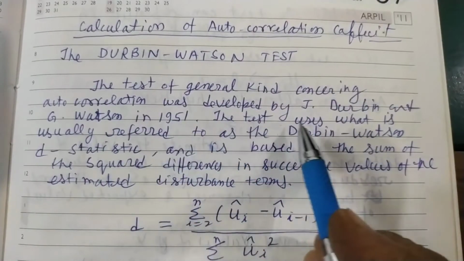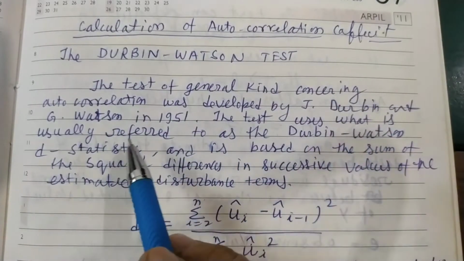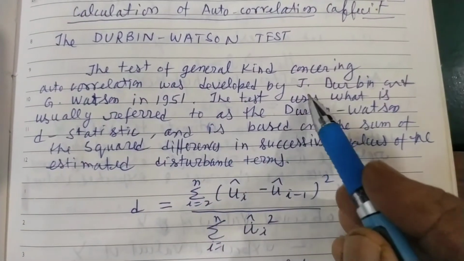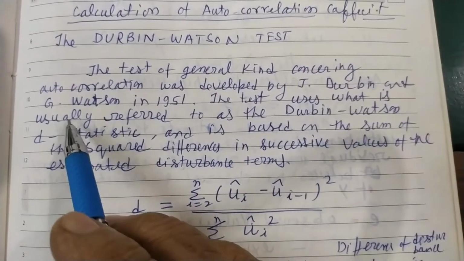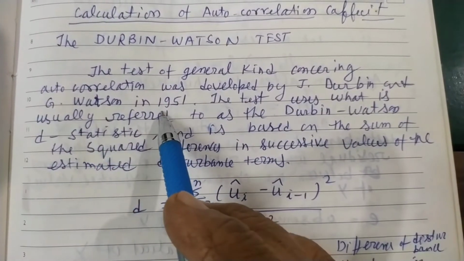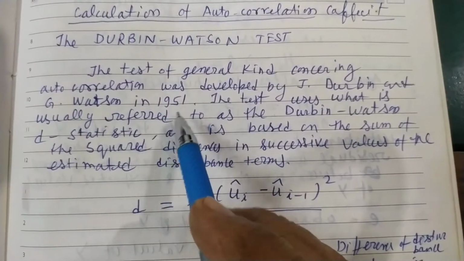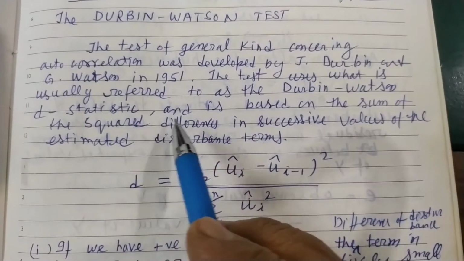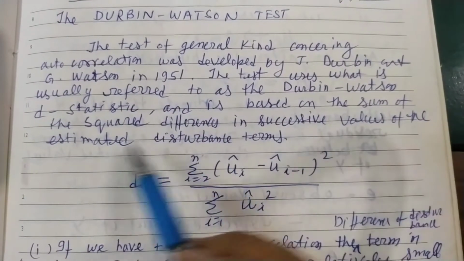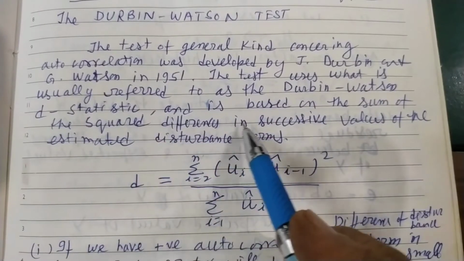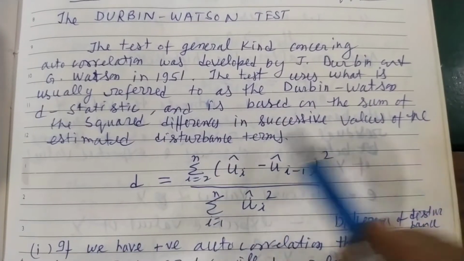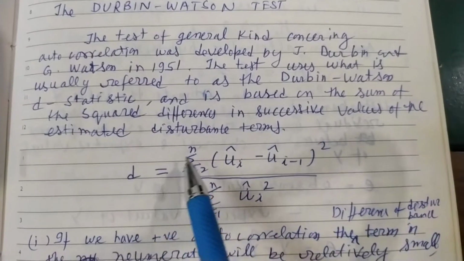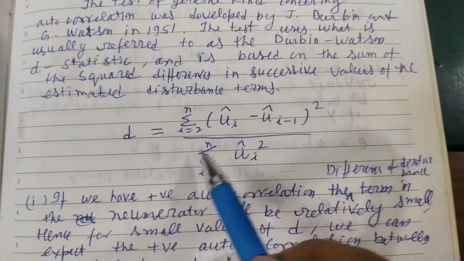The test of a general kind concerning autocorrelation was developed by J. Durbin and G. Watson in 1951. The test uses what is usually referred to as the Durbin-Watson d statistic and is based on the sum of square differences of successive values of the estimated disturbance terms.